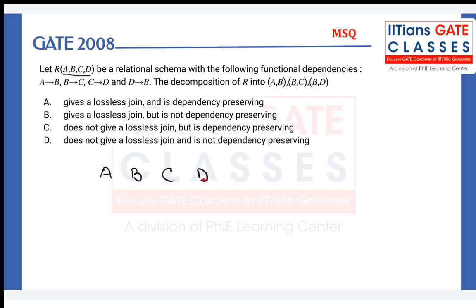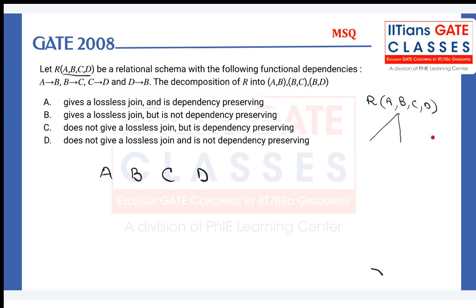In the rows, what they have said is the original table R contained 4 attributes A, B, C, D. They have broken this table down into 3 different tables.